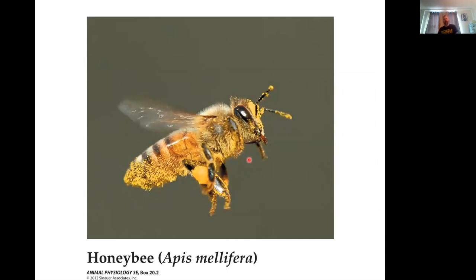Okay, let's look at one example here of how some non-vertebrates use their muscles in the most efficient possible way. If you ever wondered how a bug can sustain the wing beat frequency that's required for it to fly, it's actually a pretty ingenious mechanism.